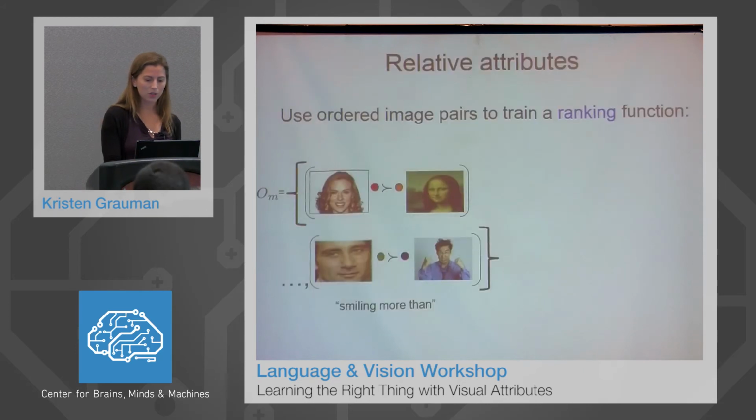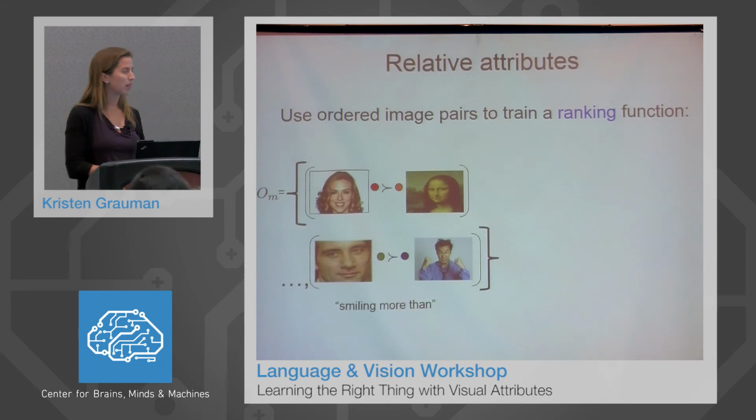And in terms of doing the comparisons, well, now we need to think not in terms of classifiers, but in terms of ranking functions. And so we've done some work in the past for developing relative attributes, which are ranking functions that capture these ordered properties among an attribute. So you train a relative attribute ranker by giving it paired training data saying this one has it more than this, so smiling more than her, smiling more than him, and so on.